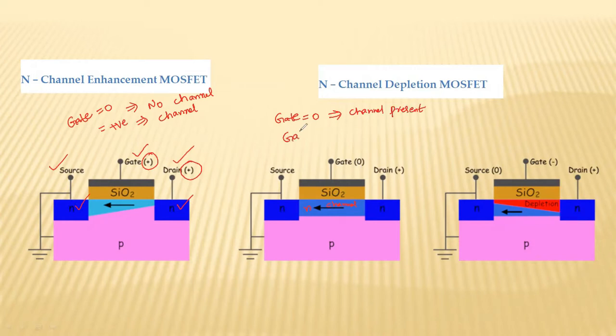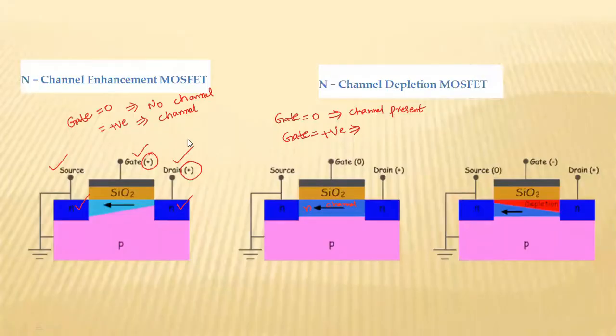And if we apply positive voltage at the gate terminal, then when the gate voltage is positive, the channel width increases, as in the case of the enhancement mode MOSFET.